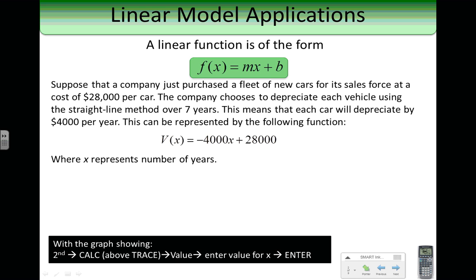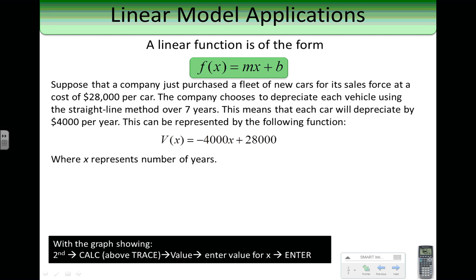Okay, so starting with a little application of linear functions. When we're reading a word problem, read through it once just to see what it's all about, then go back and reread it to get information from it. Suppose that a company has just purchased a fleet of new cars for its sales force at a cost of $28,000 per car.